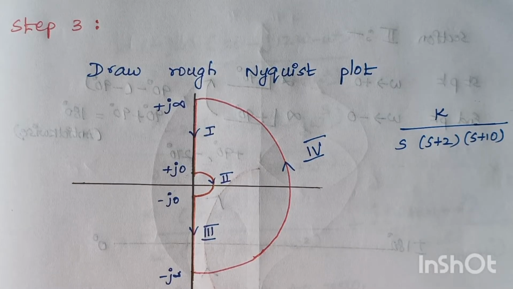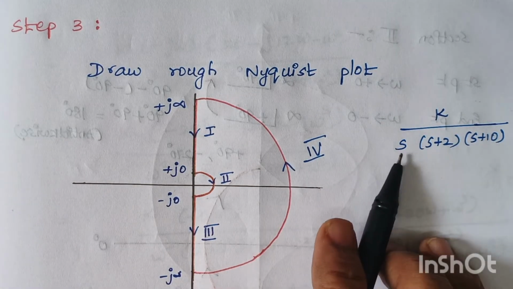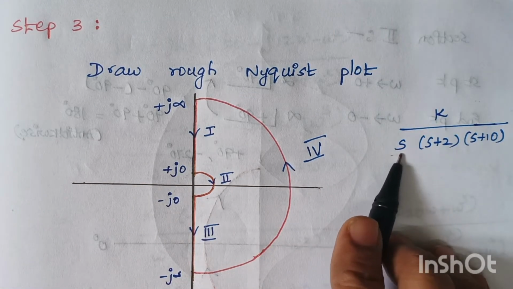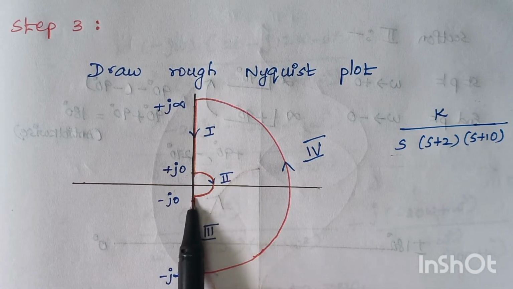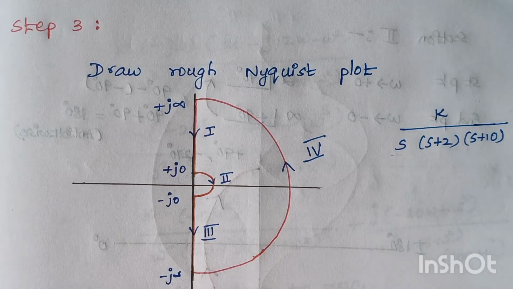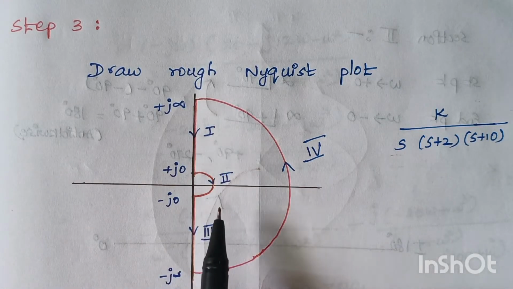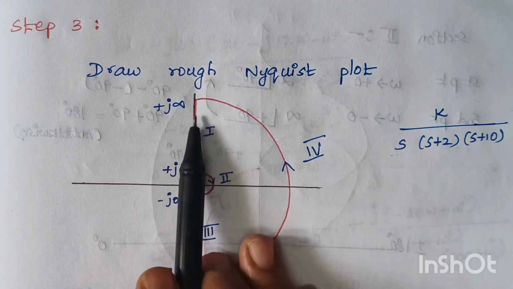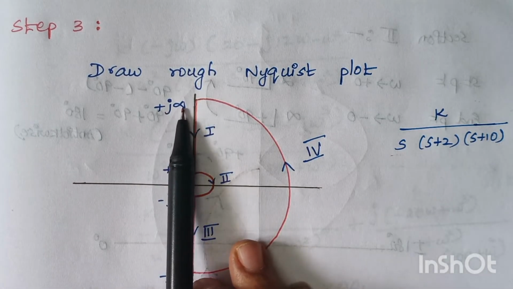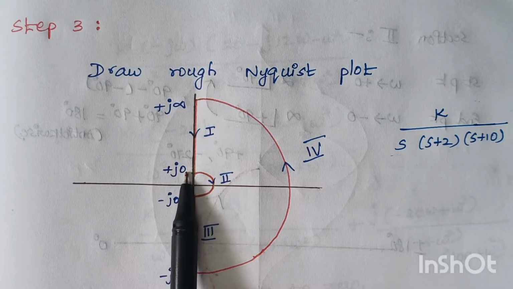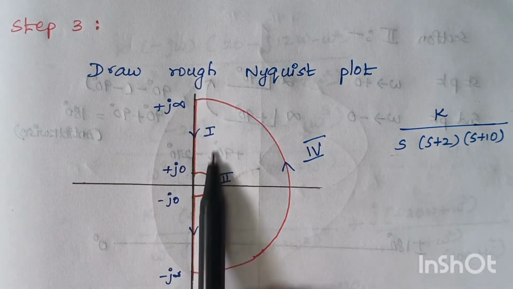Then step 3 is drawing a rough Nyquist plot. Since we have a pole at the origin, the origin should be bypassed like this. We split the Nyquist plot into different sections. The first section starts at plus j infinity and ends at plus j 0, along the imaginary axis.